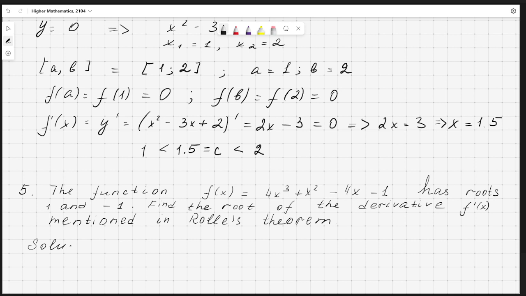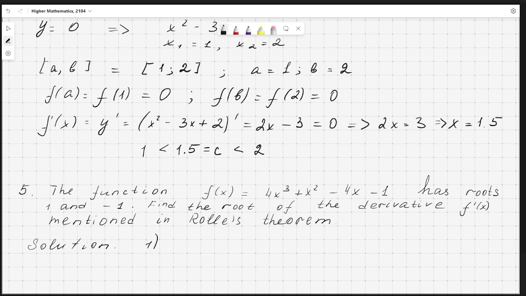Solution. We can see that function f of x is continuous on each interval of the set of real numbers and has the derivative in this interval, in each interior point of this interval.